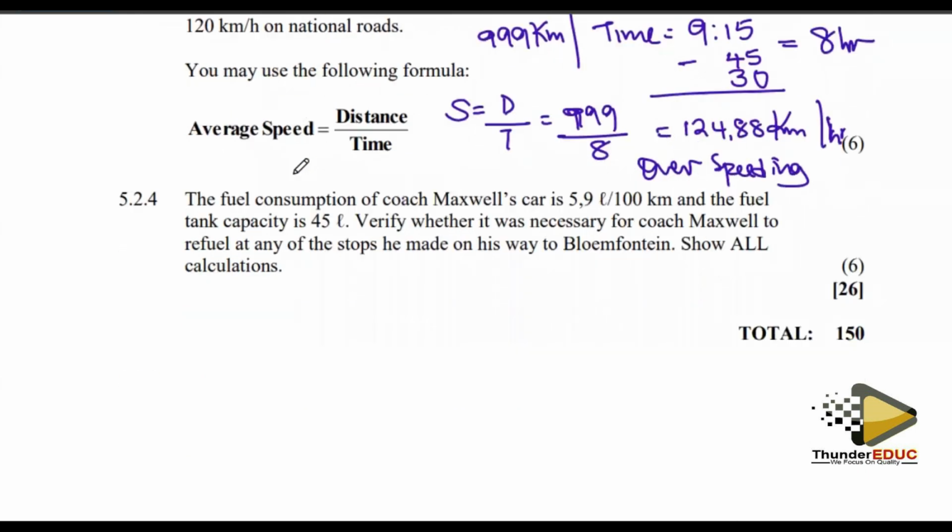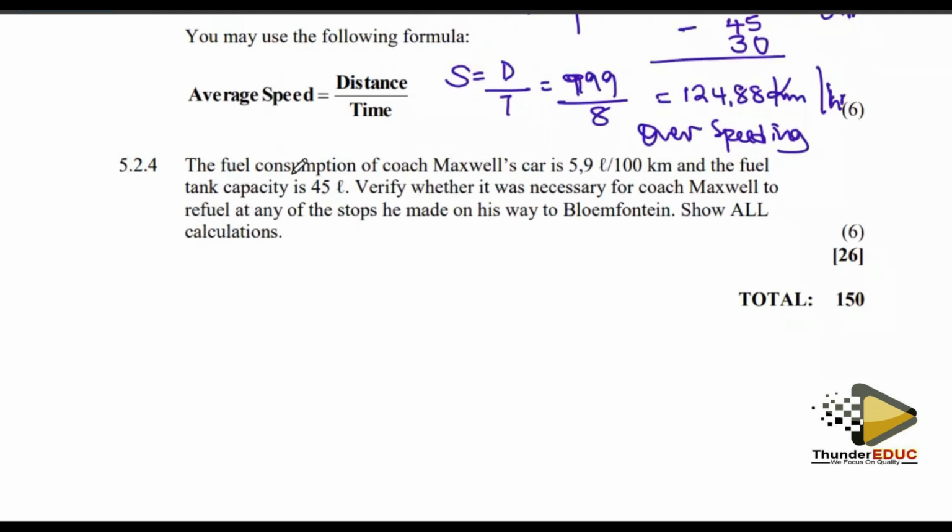Okay, we look at question number 2.2.4. The fuel consumption for Coach Maxwell's car is 5.9 liters for every 100 kilometers.